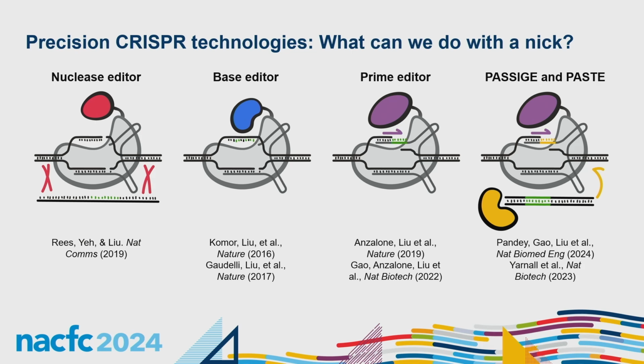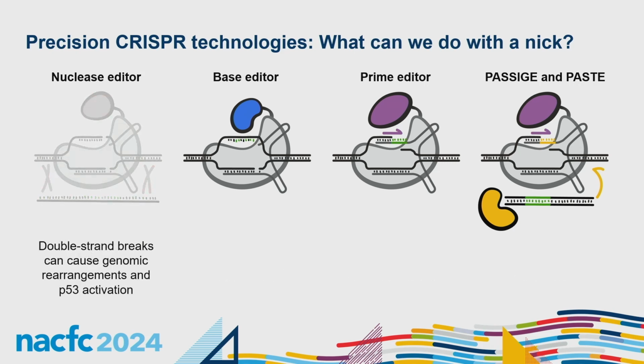So this is a really wide arsenal of gene editing tools at our disposal to create therapeutic edits in human cells, and prime editors occupy a very unique niche within this arsenal that makes them uniquely suited as therapeutic tools.